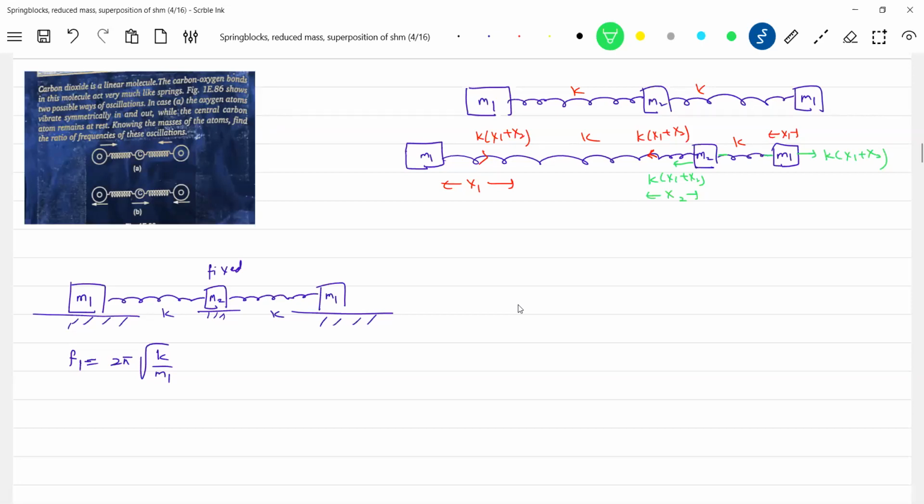So what is the acceleration of this? Let it be a1, and the acceleration of this let it be a2.